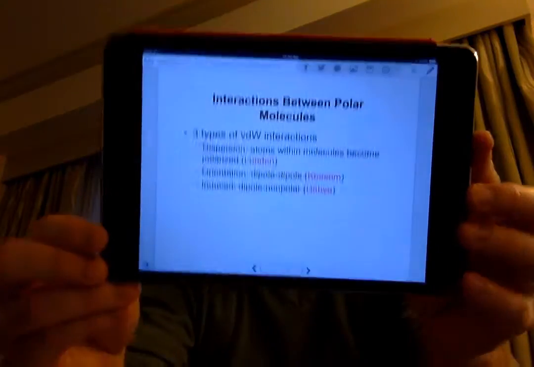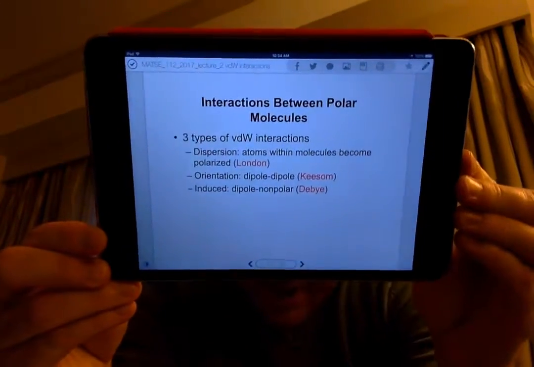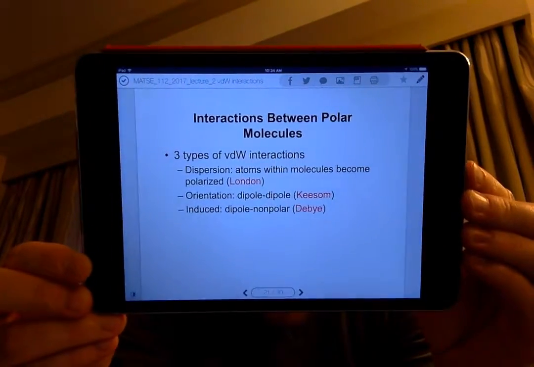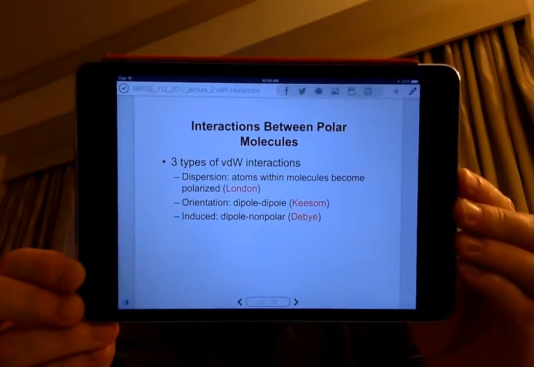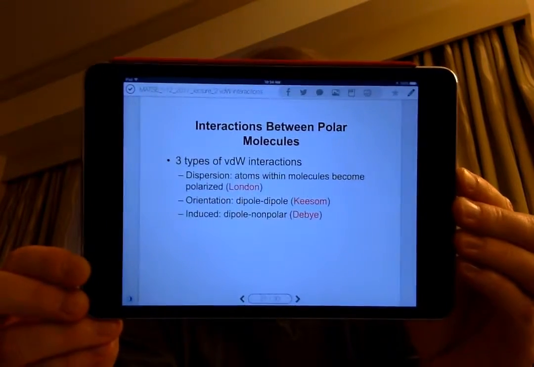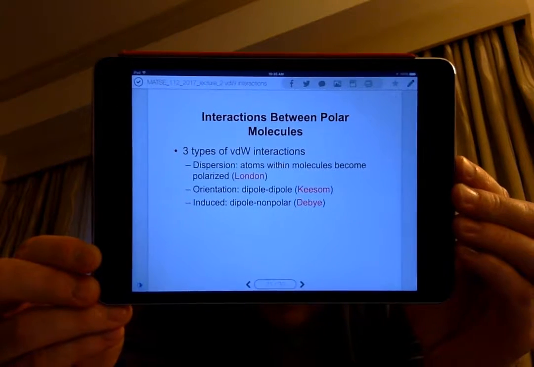Okay, we're going to skip a couple slides, and we're going to think about a few different interactions between polar molecules. We're going to have three types of interactions. We have dispersion forces, or London dispersion forces. Remember, every molecule undergoes London forces.